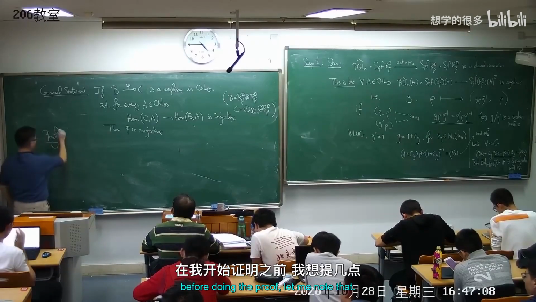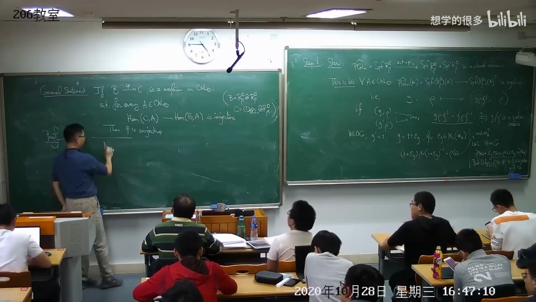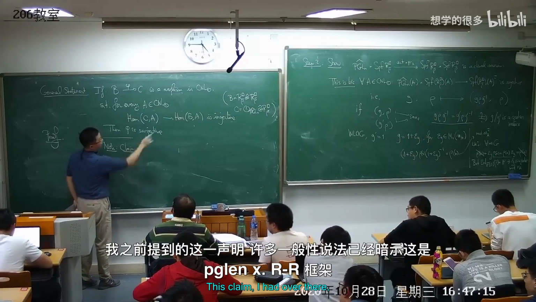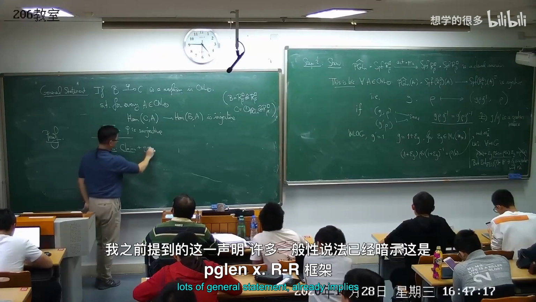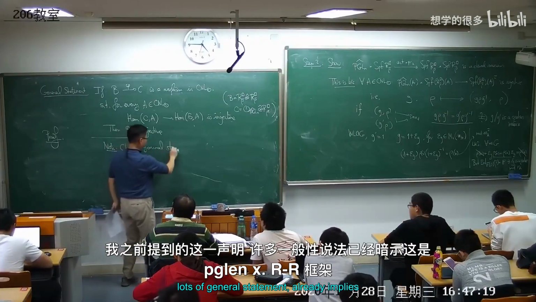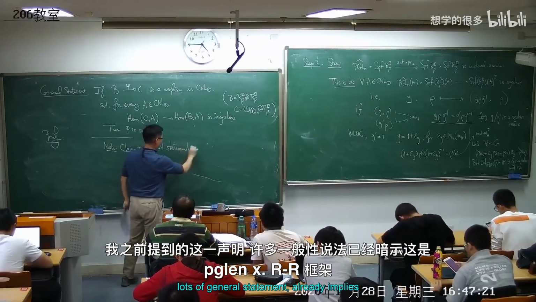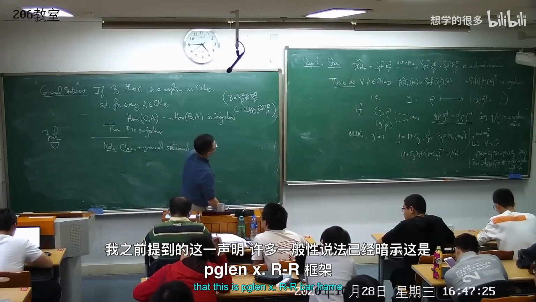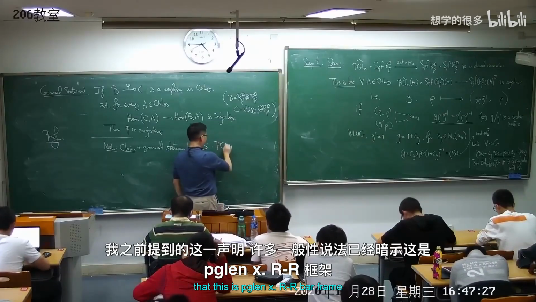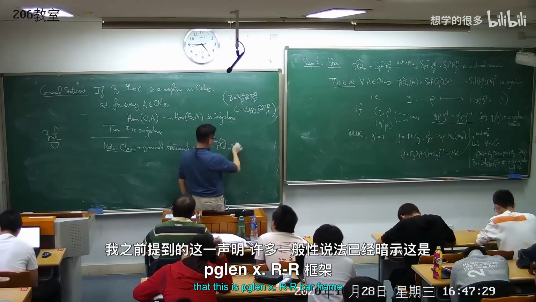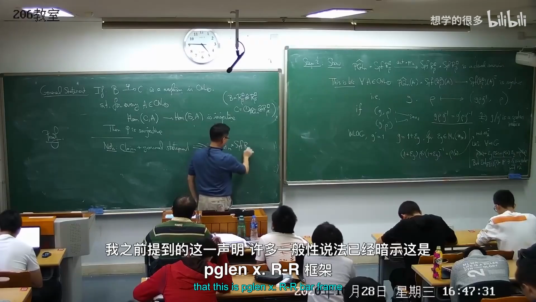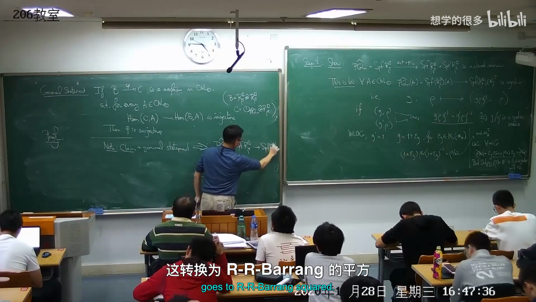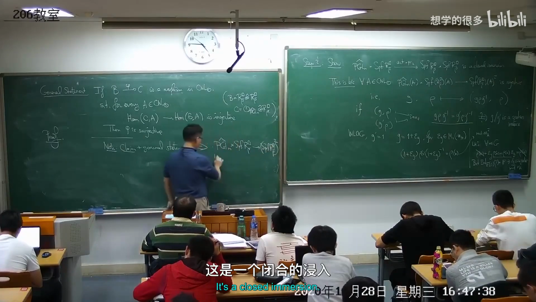And also, before doing the proof, let me note that this claim I had over there plus the general statement already implies that PGLN hat times Spf R rho bar frame going to Spf R rho bar frame squared is a closed immersion.